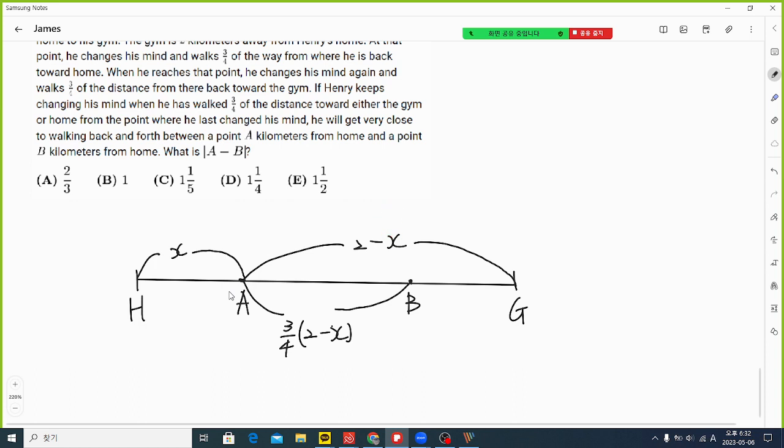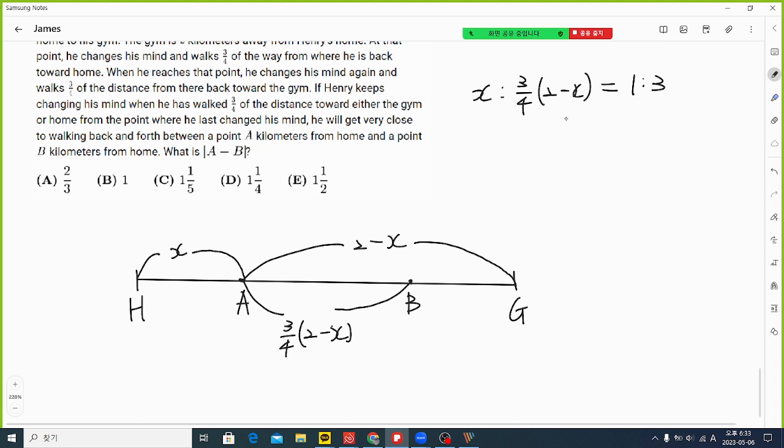So we can make the proportion. So HA to HB, x to 3/4 of 2 minus x, is equal to 1 to 3.